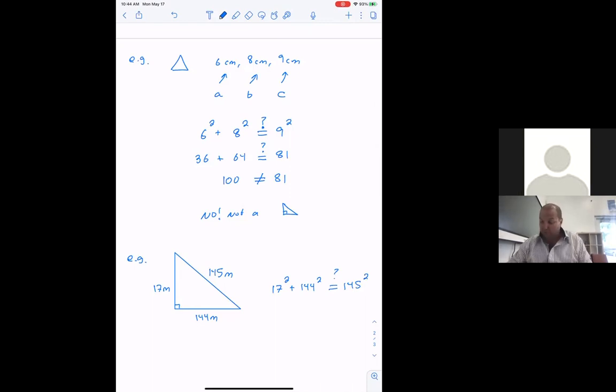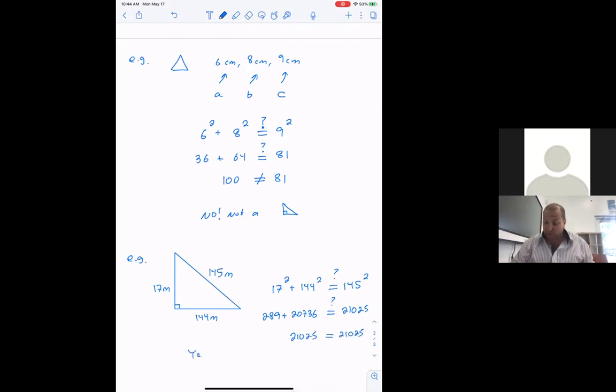Well, 17 squared is 289. And 144 squared is 20,736. And we're checking whether this equals 145 squared, which is 21,025. And if you take 20,736 and add it to 289, you do in fact get 21,025.